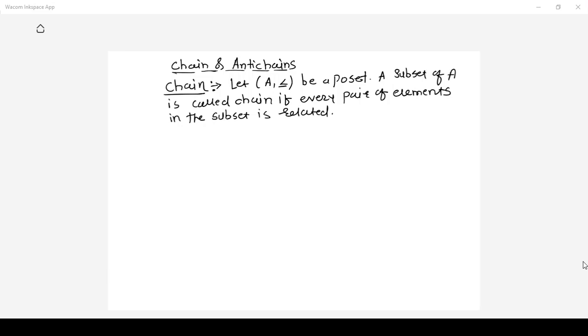And let us immediately define anti-chain as well. We'll understand it by an example.